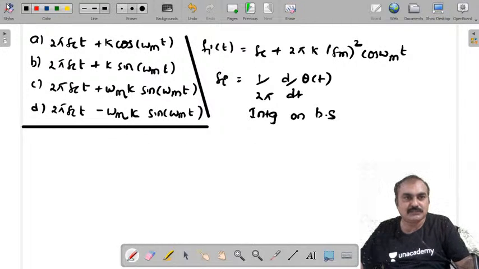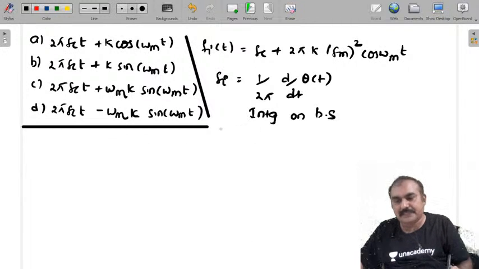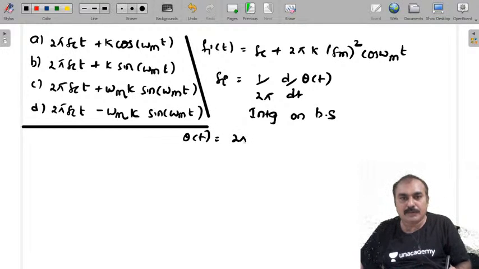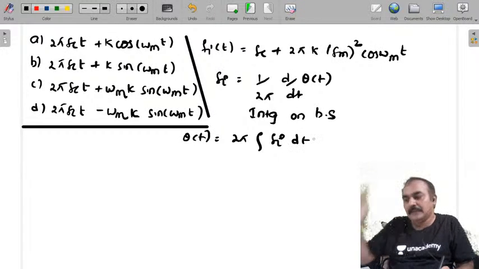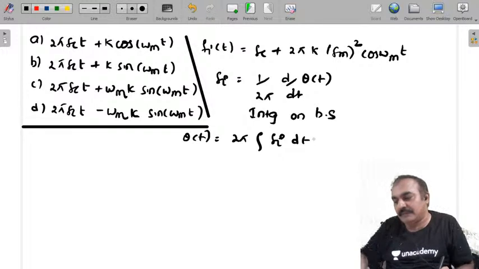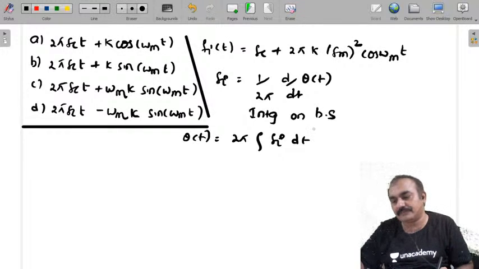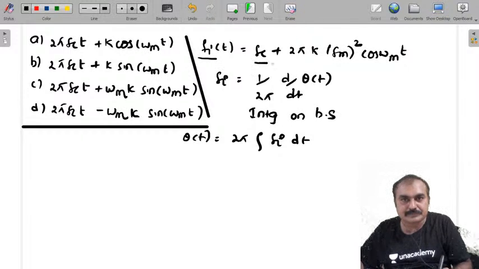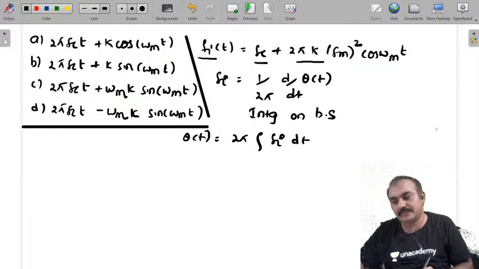Then what happens? Integration and differentiation get cancelled out here. Then it becomes theta of t. Theta of t equal to, my dear students, 2 pi into integration of Fi into dt. Very very important over here. Now this particular one you have to substitute here.